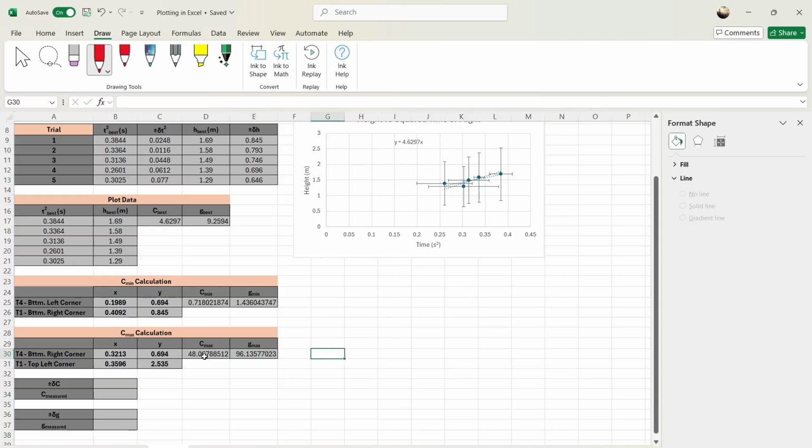Alright, so I am back after having performed the relevant calculations to get the bottom right corner of trial 4, the top left corner of trial 1, using the point slope formula to get c max, and then using the fact that g equals 2 times c to get the maximum value of g, which ended up being 96.135, and so on. Yeah, that's really large.